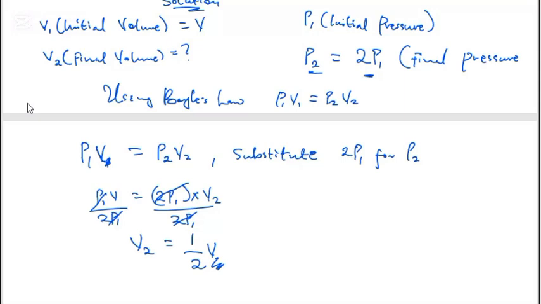So this is inverse proportion. What that simply means is, if you increase pressure by 2 over 5, you decrease your volume by 5 over 2. So that is simply what it is.